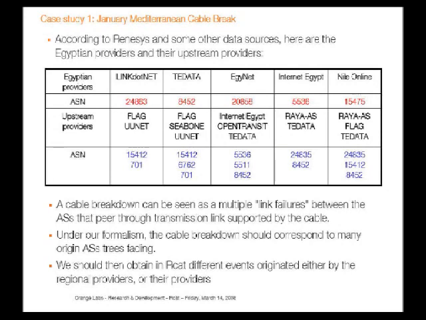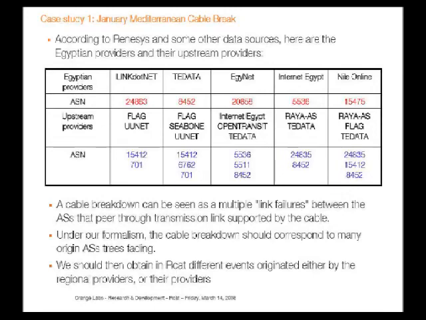So using Renesys and other data sources, you have here the Egyptian providers which were the most impacted by the cable breaks, and here you have their upstream providers. A cable break can be seen as multiple link failures between the ASes which peer through the transmission link supported by the cable.